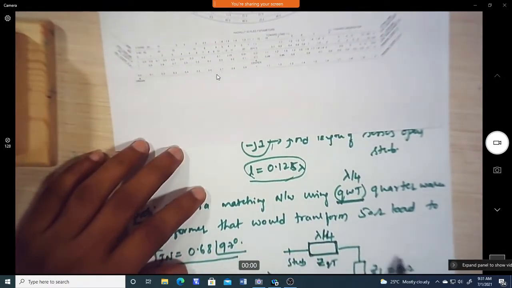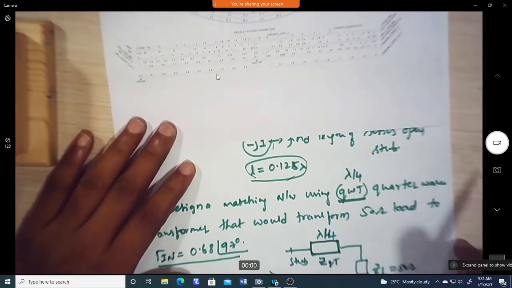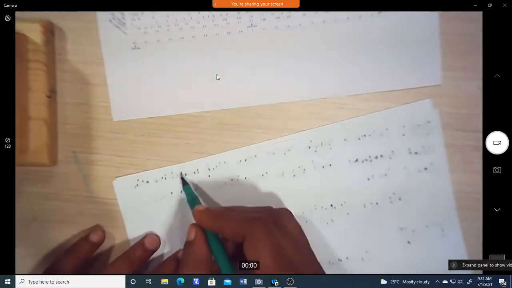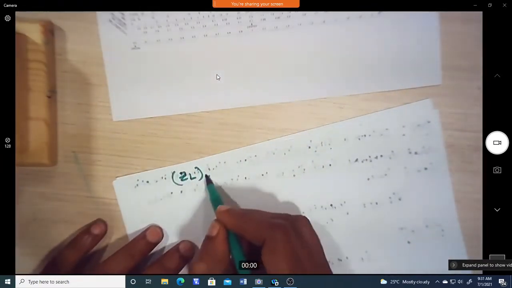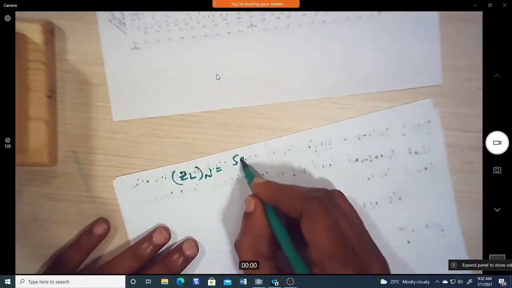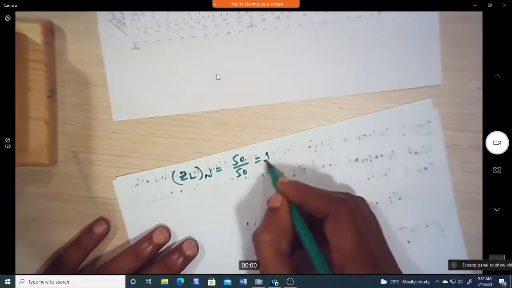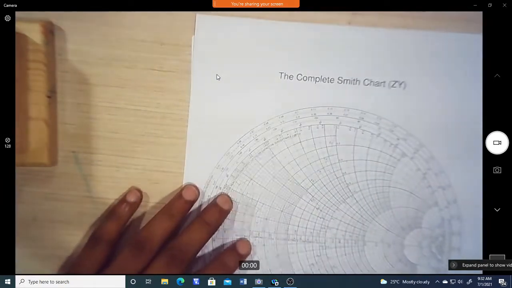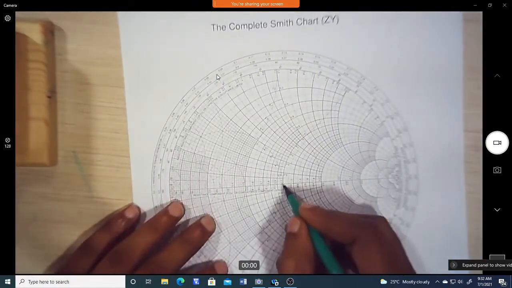So if we normalize the value, the load point ZL, we get 50 by 50, which is equal to 1, which is there in the center of the Smith chart.